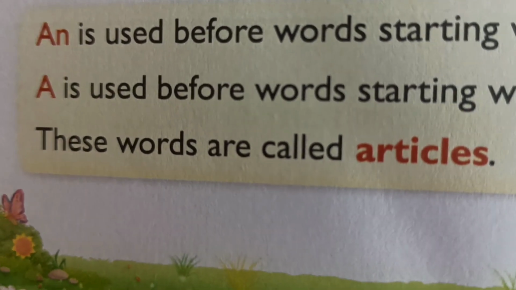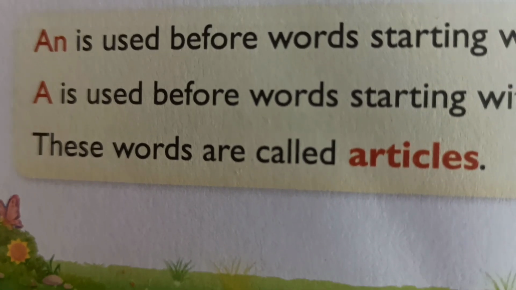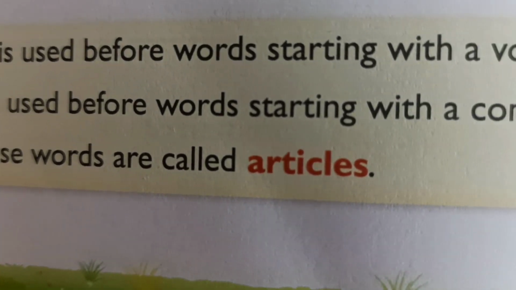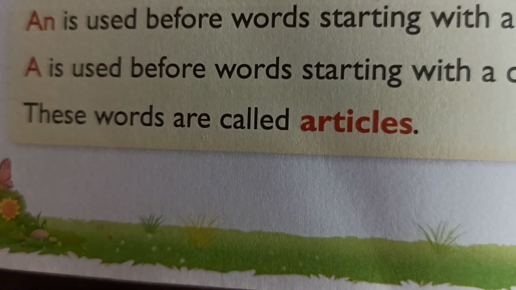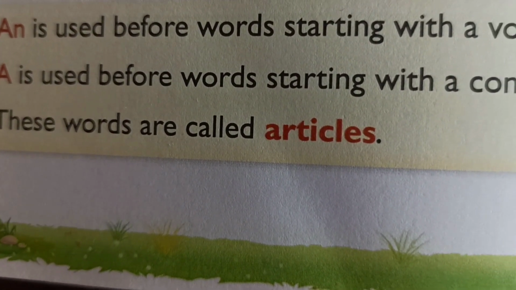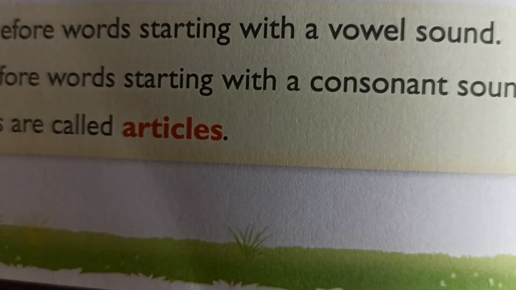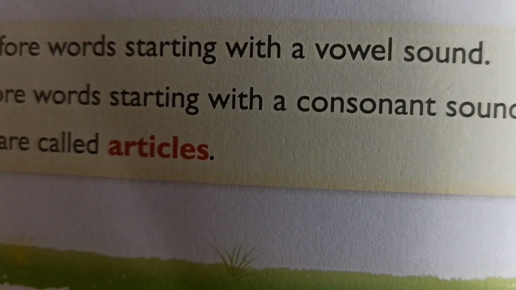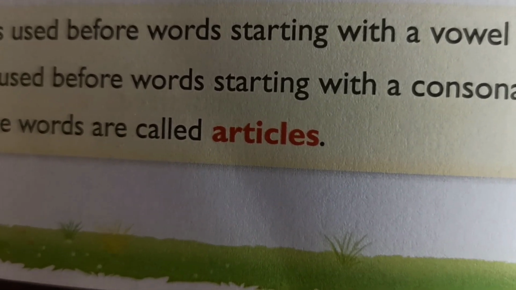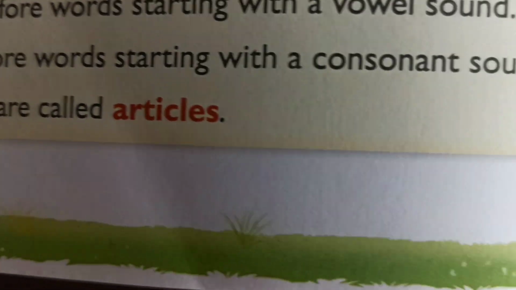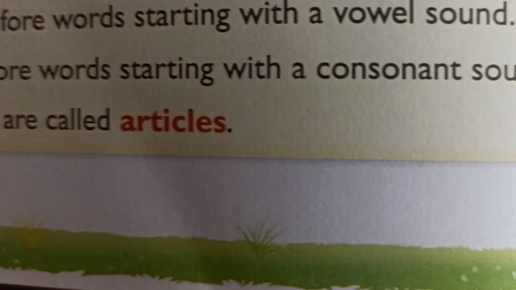All of you understood? Again we revise. An is used before words starting with a vowel sound. And a is used before words starting with a consonant sound. Which is a vowel sound? A, E, I, O, U. And the remaining all are consonant sounds. Okay.